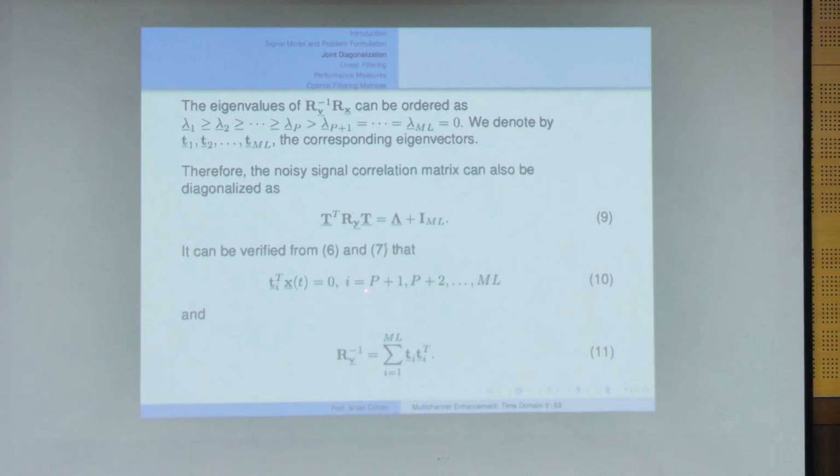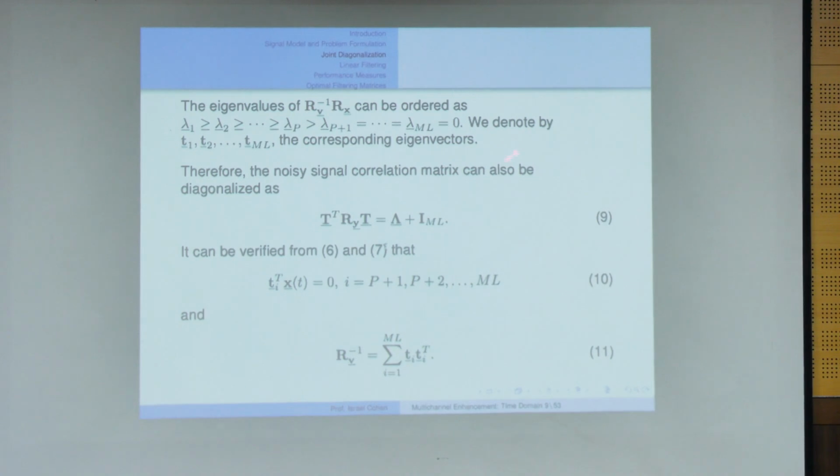Because the first P components of the eigenvectors in the matrix T span the signal subspace, any inner product from P plus 1 to ML has to be 0 because the signal is not contained there.